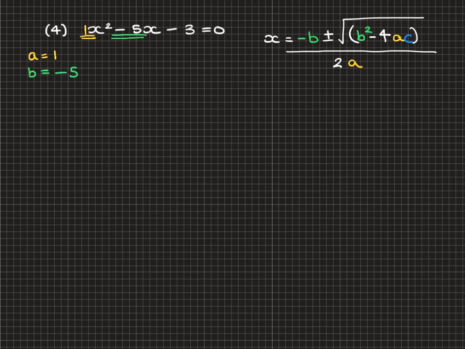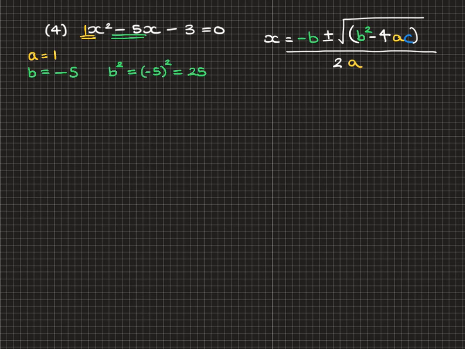Now, this step here is where a lot of people make silly mistakes. b squared is the square of b, which means it is the square of -5, which means it is 25. It is not -25. And sometimes people input that into their calculator without any brackets and get an answer of -25.